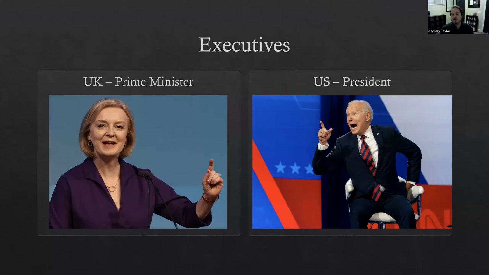But when it comes to representing the United States on an international stage, all of those responsibilities fall under the presidency. But the president is also responsible for overseeing domestic affairs in the United States.